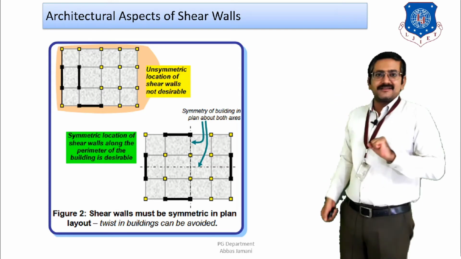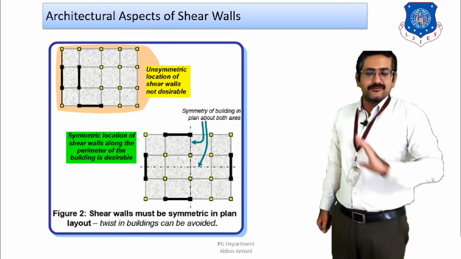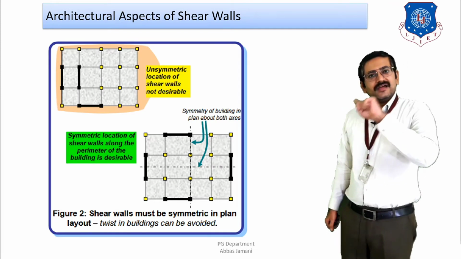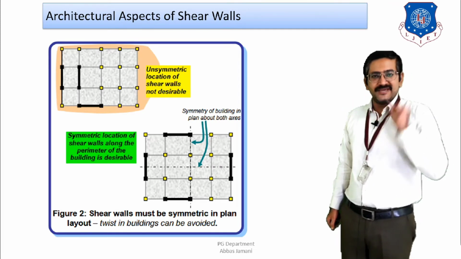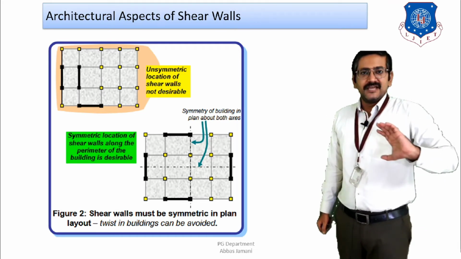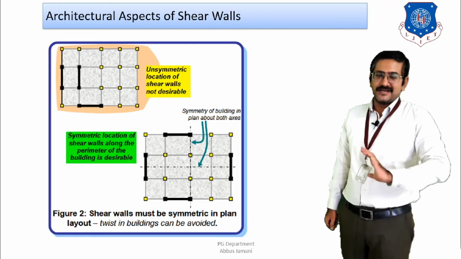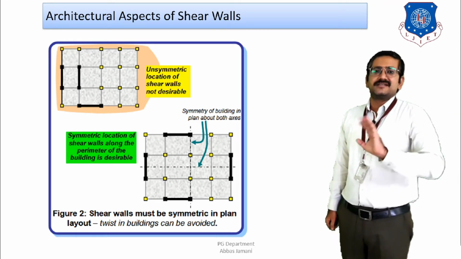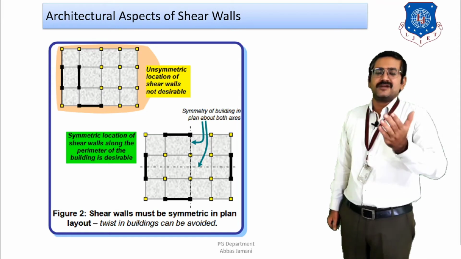So whenever horizontal forces are applied to this particular plan, since the shear walls are provided at all the 4 corners in all the 4 bays, the movement of the building will be in one particular direction only. That is, if the force is applied in the x direction, then maximum movement will be along the x direction. If the force is applied in the y direction, then maximum movement will be along the y direction.